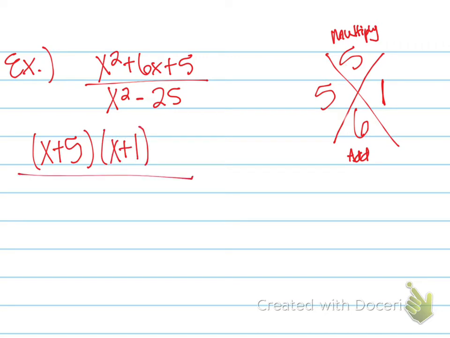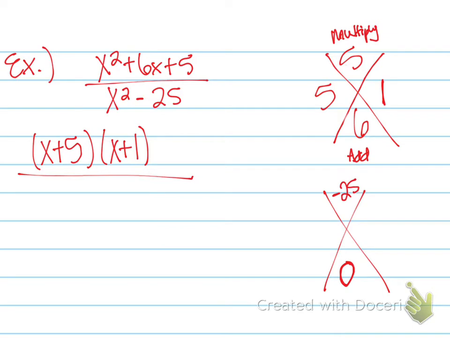Okay? Now, if we factor the bottom, you see that we are missing a term. What term are we missing? Well, we're missing that x term. So we're missing the b. So if it's missing, we just put a 0 in its place. Up top is a times c. So we have a negative 25.